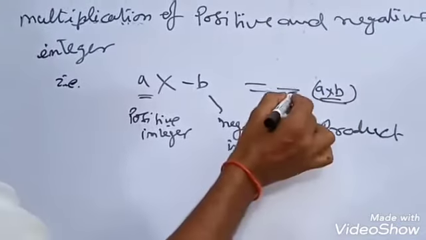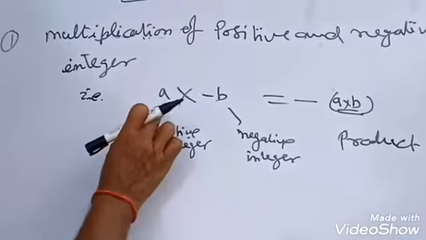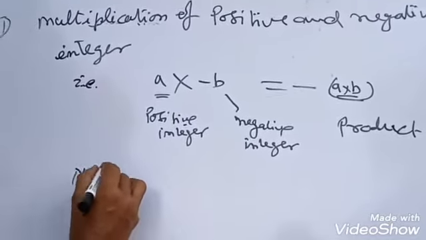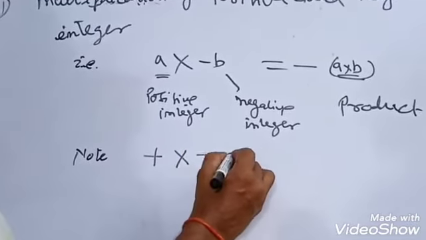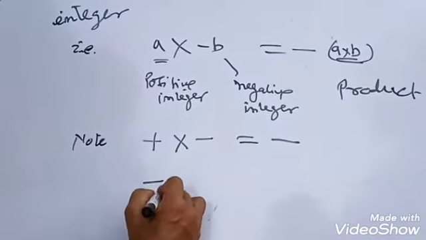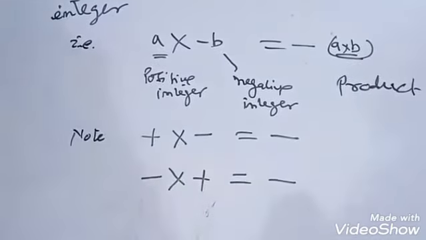The product sign will be minus. Positive into negative is equal to negative, or negative into positive is equal to negative.